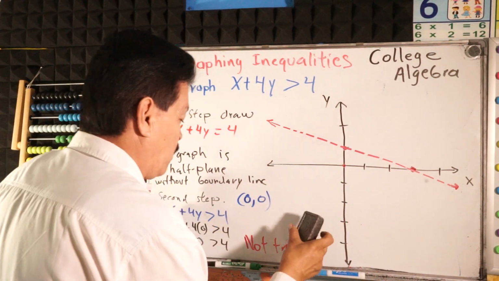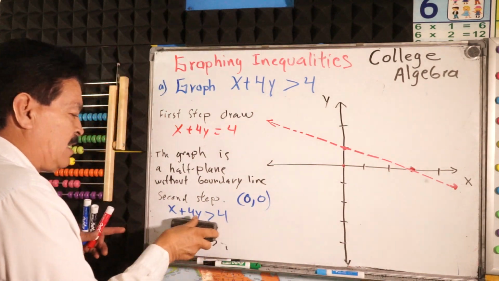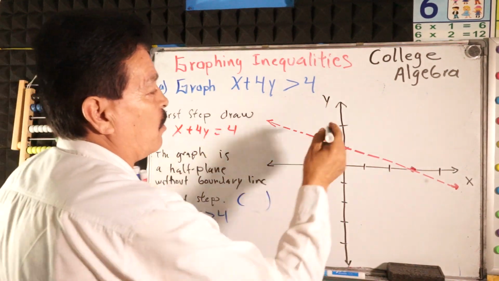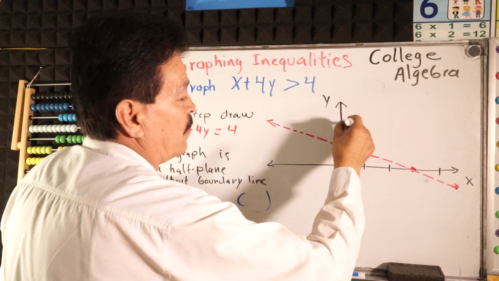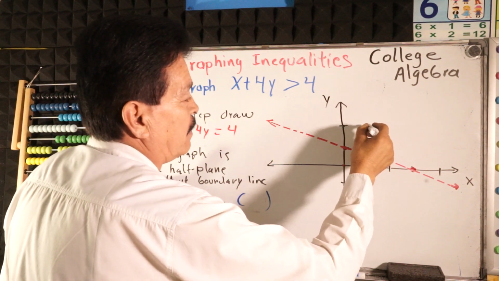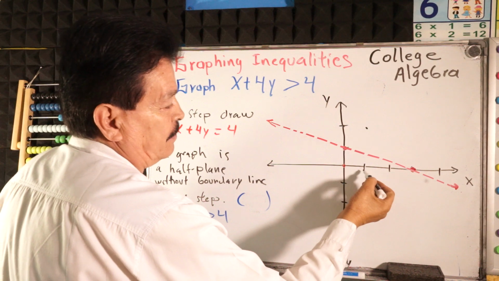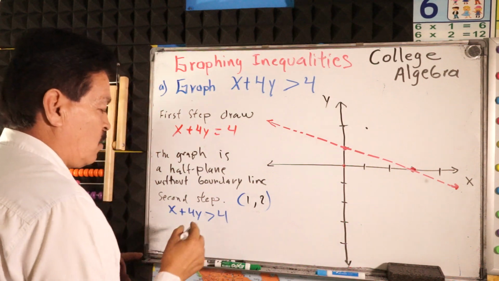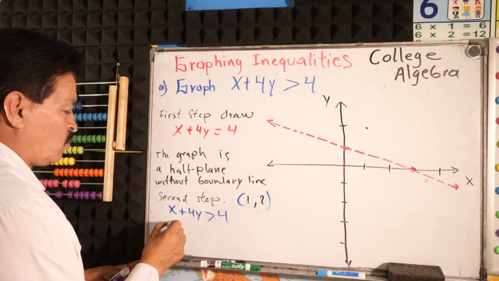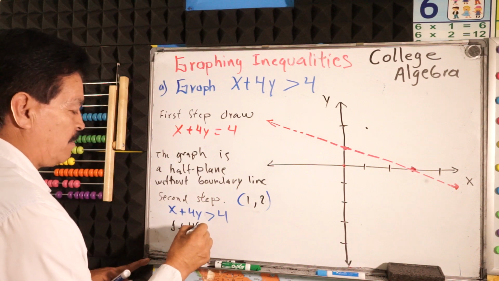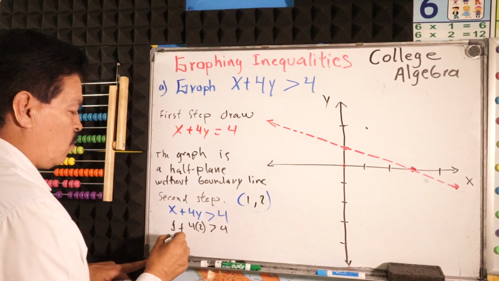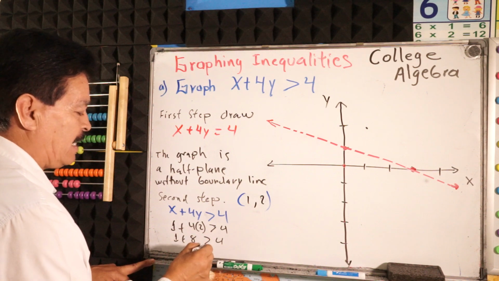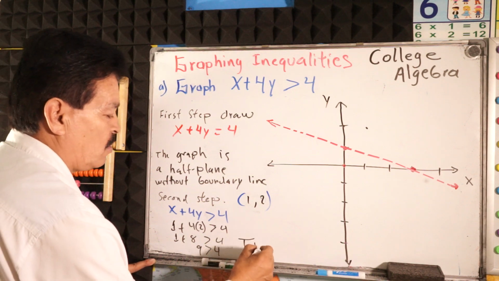Let's try another point that must be true. Let's select, for instance, let me show you this point. This point, for example, x is 1 and then y is 2. All right. So let's see. x is 1 plus 4 times 2 greater than 4. So 1 plus 4 times 2 is 9, greater than 4. This is true.